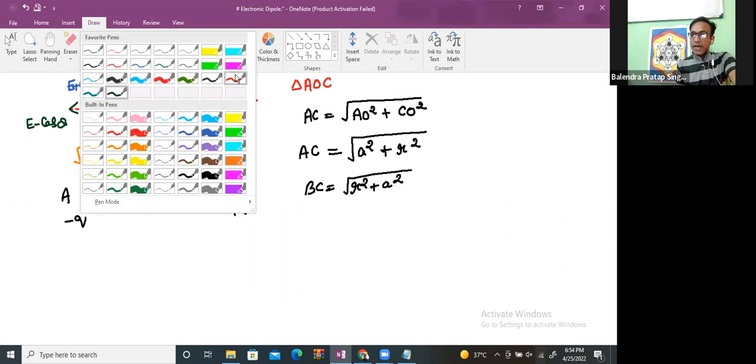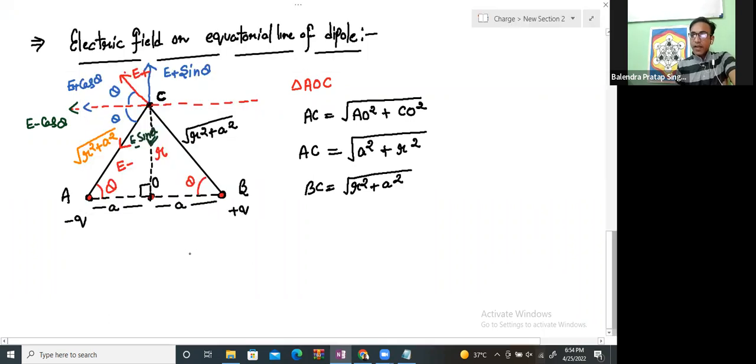The value of E minus is 1 over 4 pi epsilon naught q divided by the distance squared. The distance from minus q to the point where we are finding the electric field is C, and that is under root r square plus a square, the whole square.